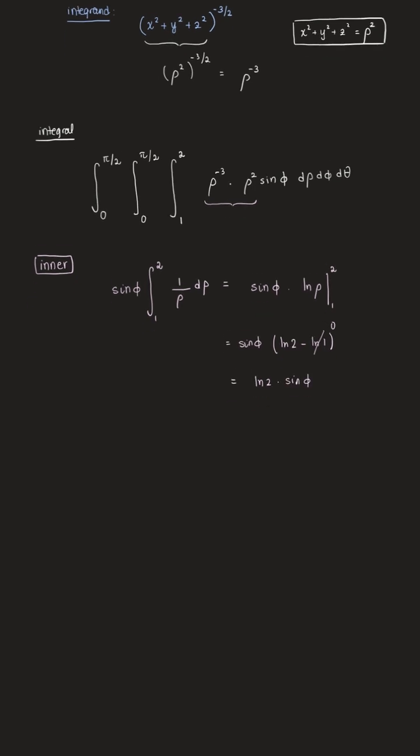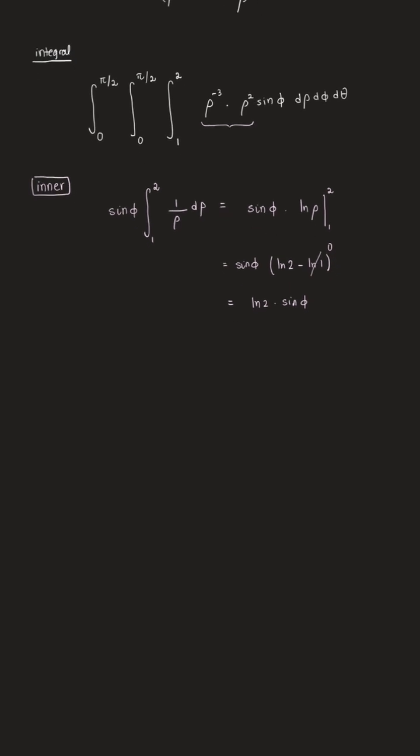Now we're ready to go to our middle integral with respect to phi. The natural log of 2 is a constant that we can pull outside. So we have natural log of 2 times the integral from 0 to pi over 2 of sine phi d phi. That's not a difficult integral. We'll have a negative cosine phi.